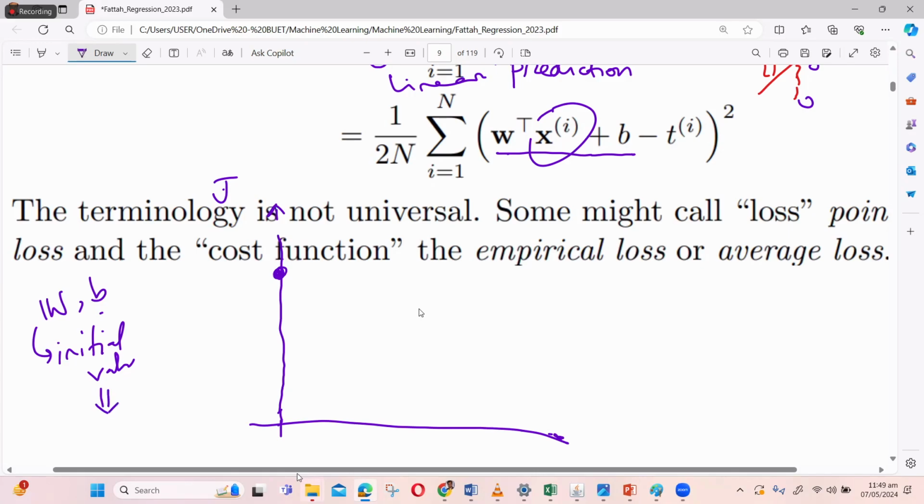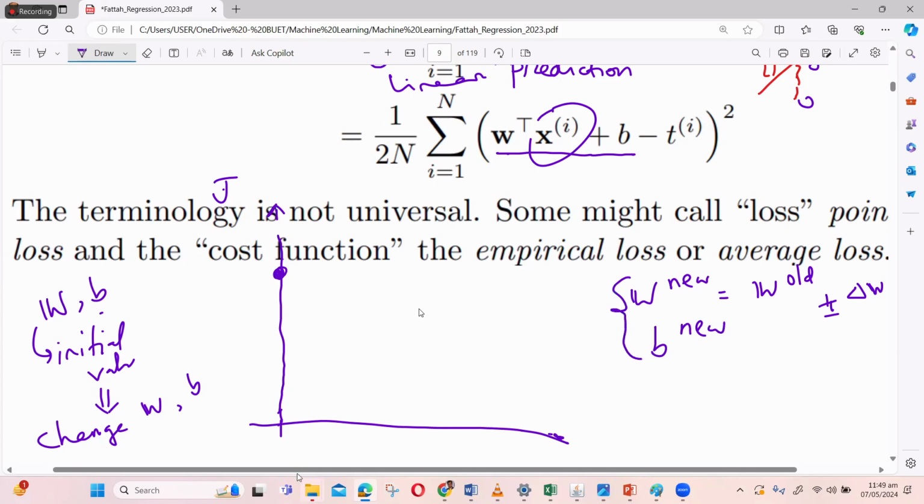You have to change W and B. How to change? Let's say you decided, okay, the new W should be the old W plus or minus a small delta change in W. So you get the new one and you use a new B. When you use the new one, let's say new one is here, you get a lesser value of your error.